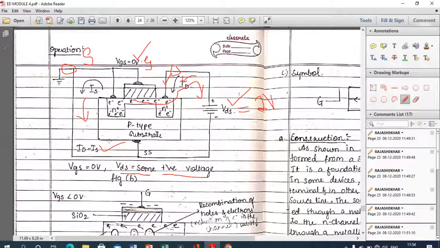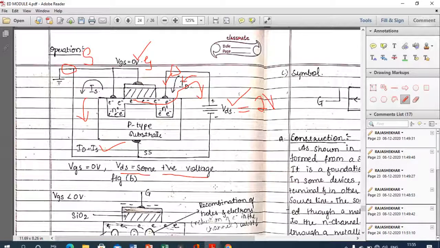Therefore we can say that the drain current is almost equal to the source current. So this is what happens when I connect the positive VDS between the drain and ground and short circuit the gate to source voltage. Okay.